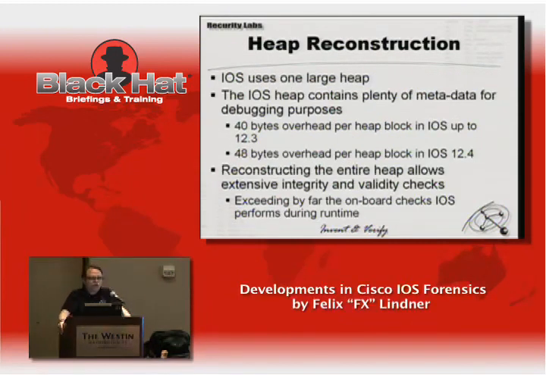And then we go ahead and reconstruct the entire heap. iOS, as I said, uses one large heap, and it contains plenty of meta information and metadata. Most of it is actually for debugging purposes, because iOS engineers don't really have a way to figure out what went wrong, except for the heap blocks being smashed up in a certain pattern.